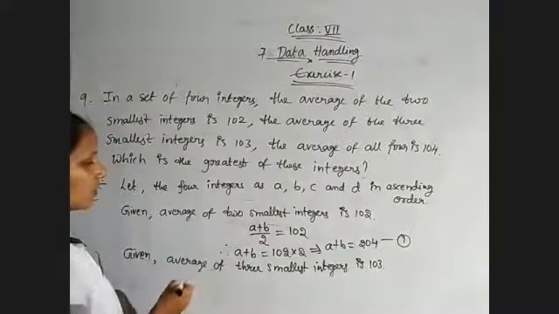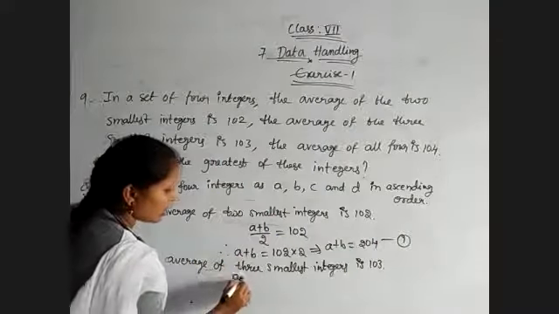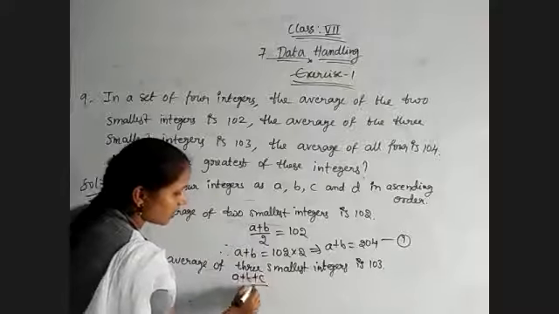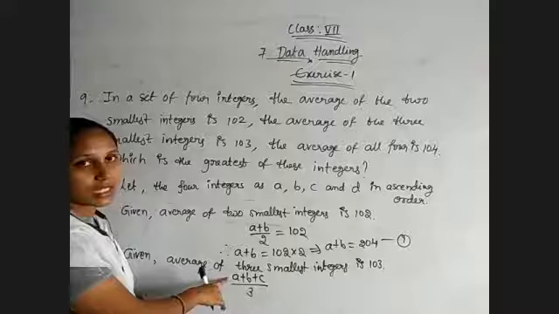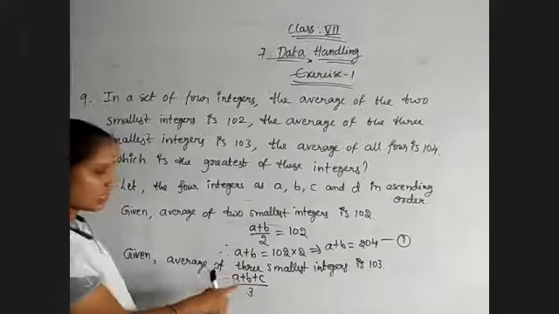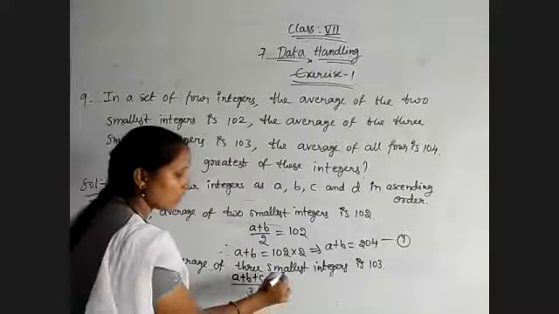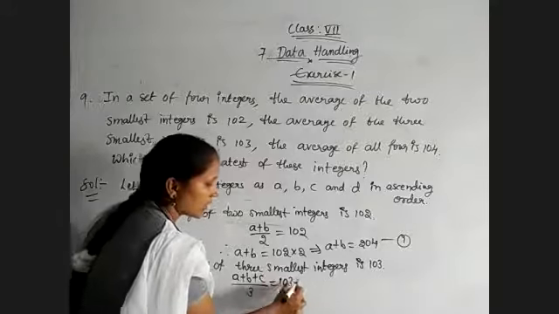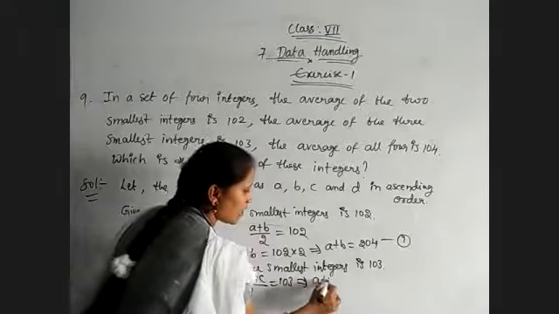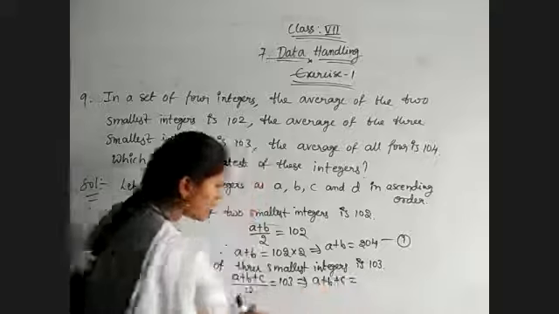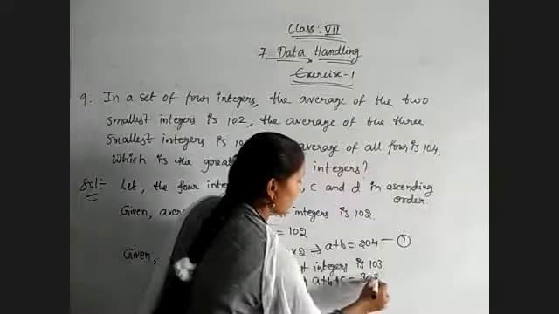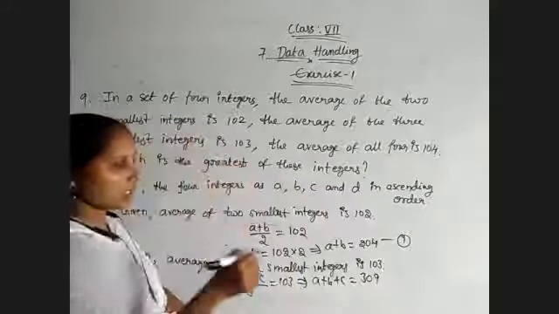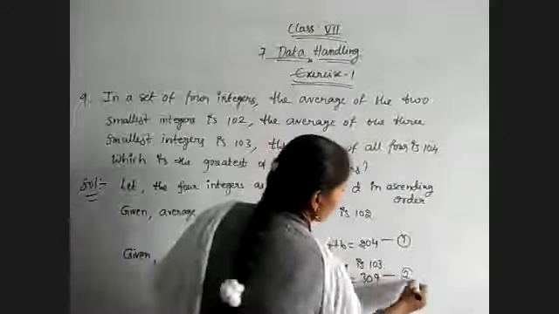Sum of the observations by number of observations is the average. Sum of the first three smaller integers, A, B, C by 3, will be equal to 103. Then A plus B plus C will be equal to 3 into 103. So directly I am writing that: 3 3s are 9, 3 1s are 3, 309. That is equation 2.